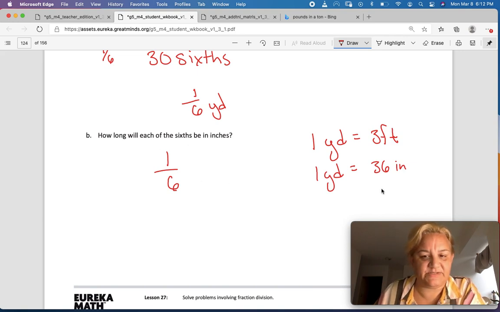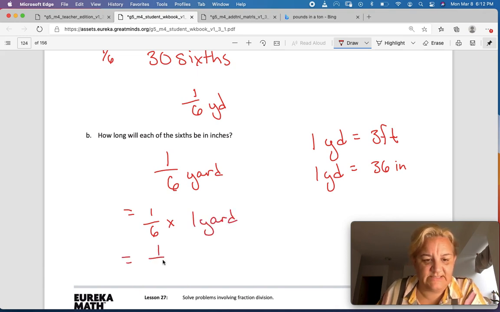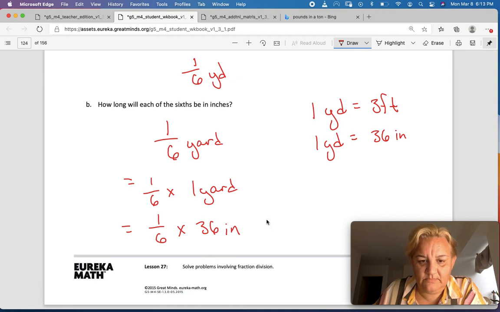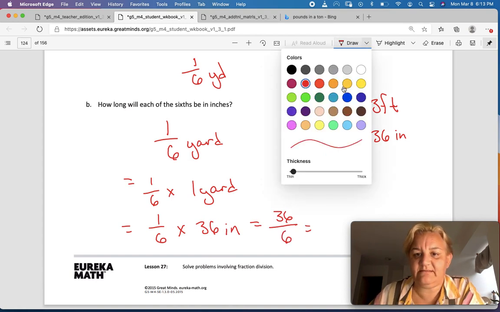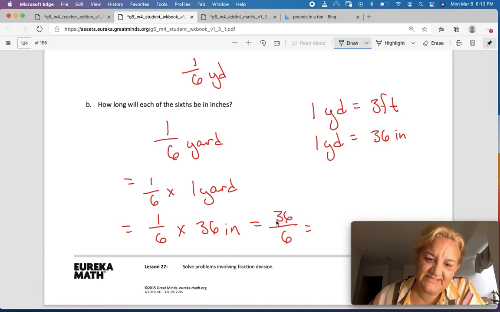We're skipping feet, we're going straight to inches. 1/6 of a yard is the same as saying 1/6 times 1 yard, which is the same as 1/6 times 36 inches. And that's pretty easy. 1 times 36 is 36 over 6. Well, if we simplify that, 36 divided by 6 is 6, and 6 divided by 6 is 1.